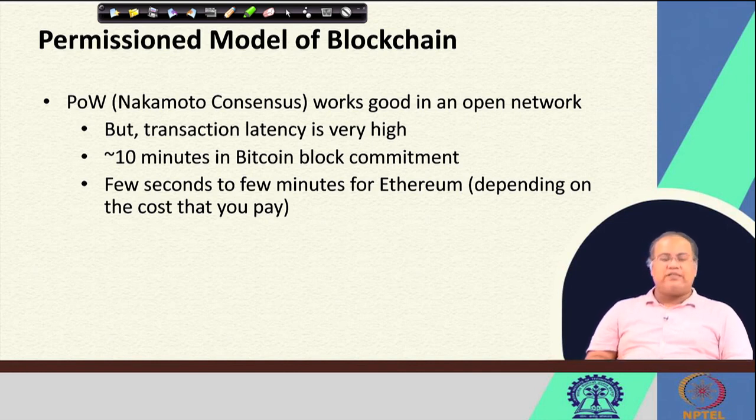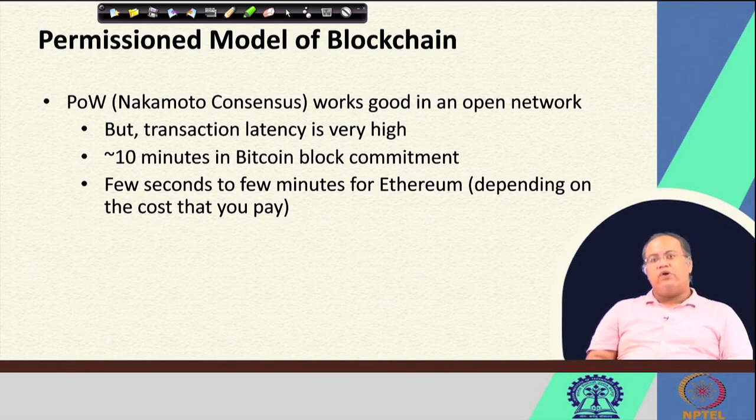Now, let us try to think at this point that if I want to apply blockchain in such kind of architecture, and if I think of an open consensus mechanism such as proof of work or the Nakamoto consensus. So, what we have seen earlier, that this Nakamoto consensus works good in an open network. Now, the major problem with this Nakamoto consensus is that the transaction latency is very high, because the miners, if you remember, have to solve a challenge, and solving that challenge is not very straightforward.